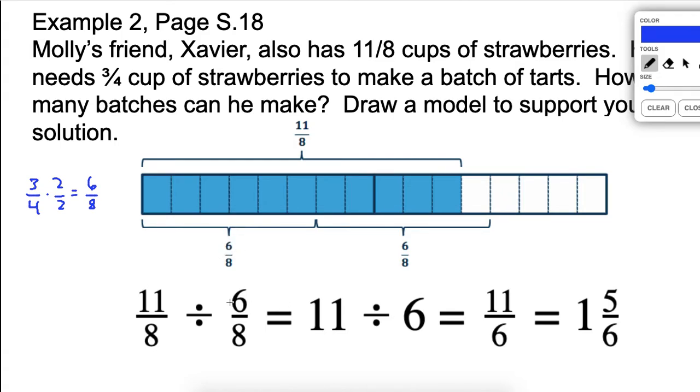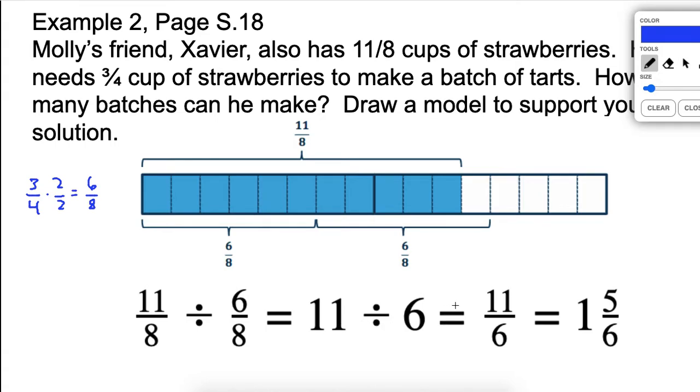So what we can do on this one is, since both these groups are talking about 8s, we can just take 11 and divide it by 6. Now this works. We can just take the numerators and divide them out if we're dividing fractions and we have a common denominator.